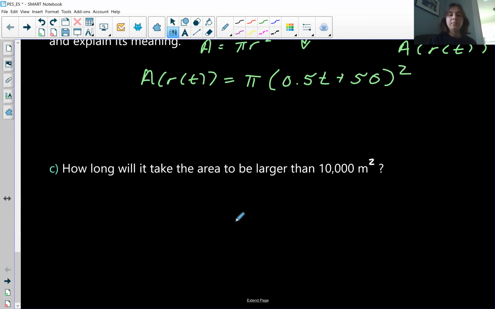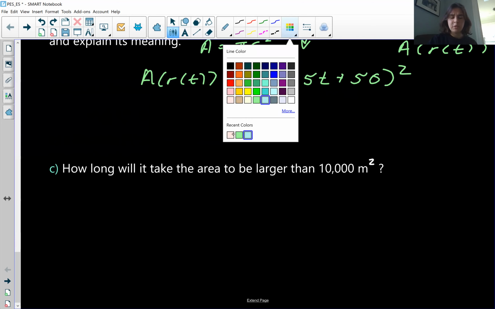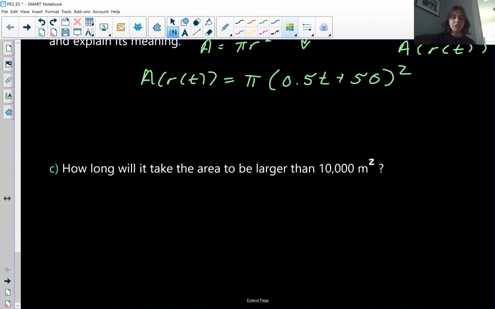And area is always a lot more useful than radius, so it would make sense for us to do that operation. So we see the phrase larger than, which means we're going to have an inequality. So when is the area going to be larger than 10,000?